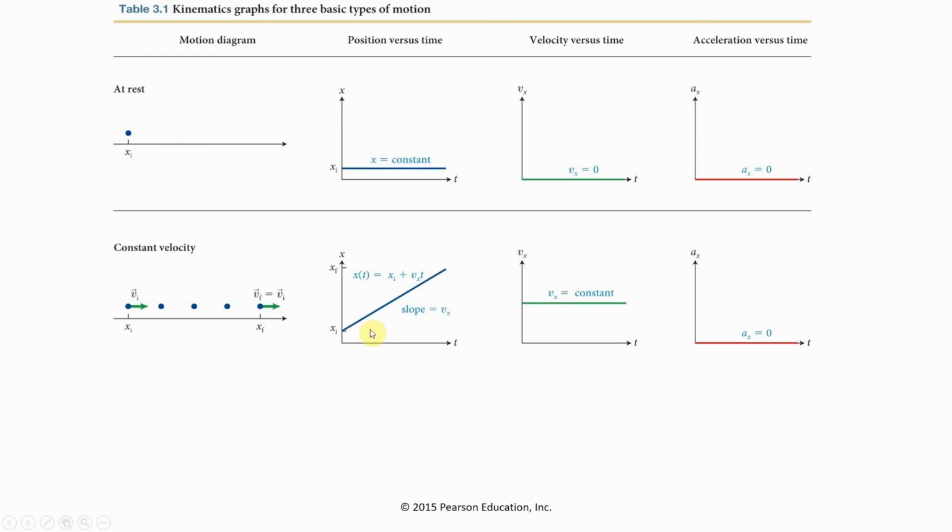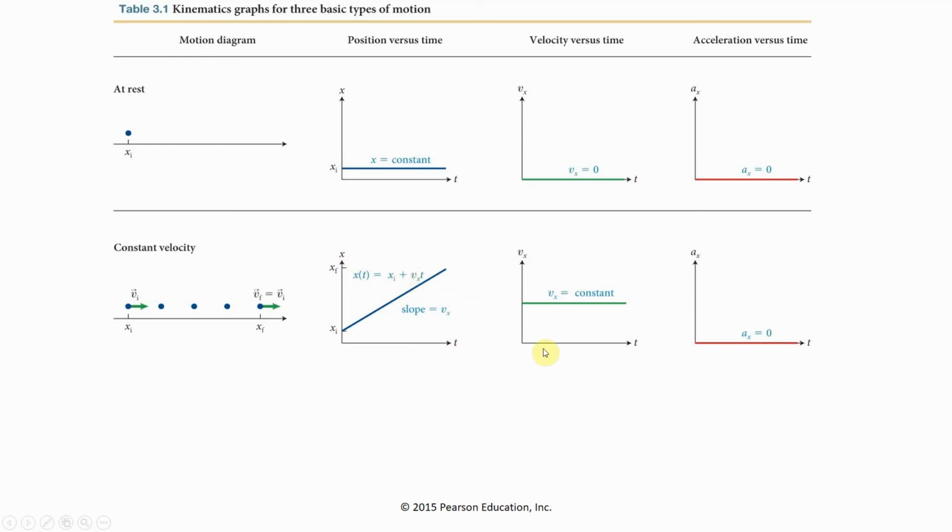If you remember, a horizontal line has a slope of 0. A line that's going up to the right has a positive slope. A line that's going down to the right has a negative slope. So as I'm moving here with a positive velocity, my line now has a positive slope. Every second that goes by, my position is increasing. Now this is just summarized by the equation from our kinematics equations: final x is initial x plus velocity times time.